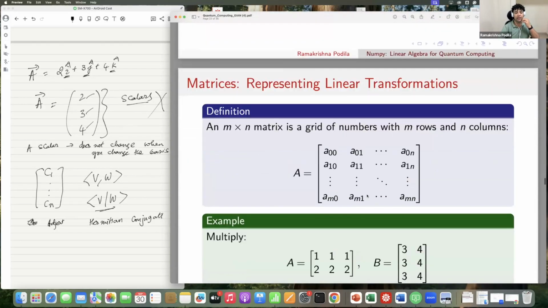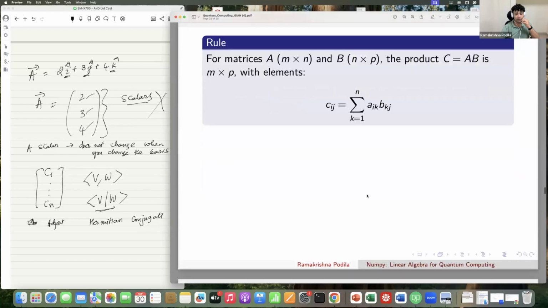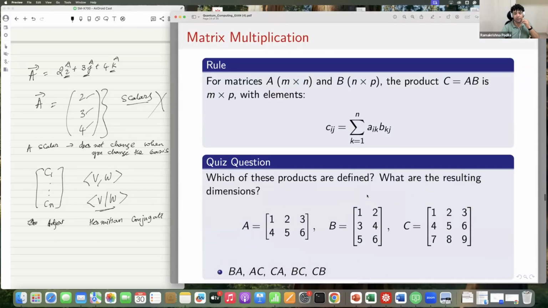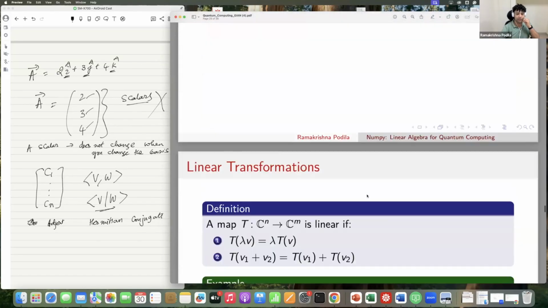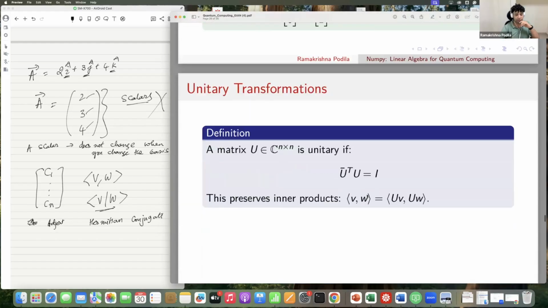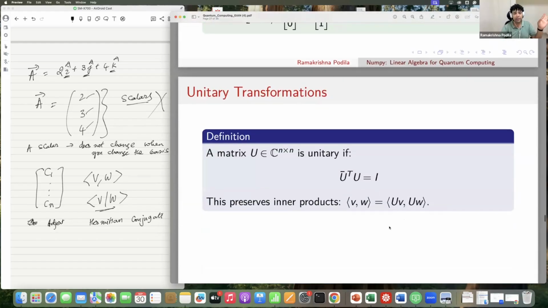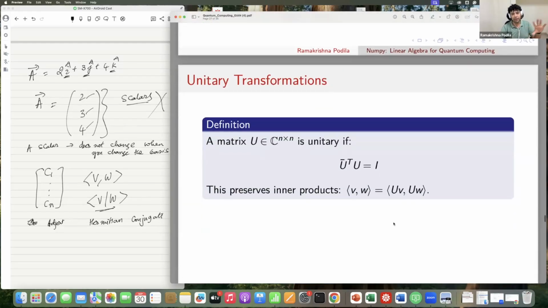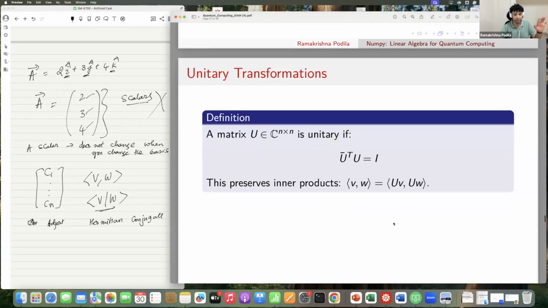And very simple matrix multiplication and linear transformations here, just for the sake of completeness. I'm not going to go through it because I'm pretty sure that you are familiar with this.